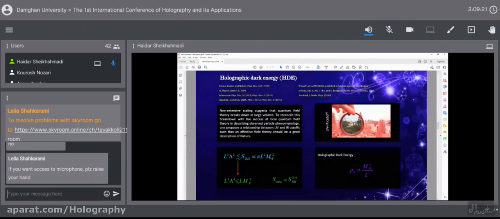But some people later, maybe one of them was Li in Physics Letters B in 2004, proposed such a relationship for the energy content of the box, or of our universe, and he showed the content based on the zero-point quantum fluctuations could be obtained as M Planck squared over L squared. And this is the starting point of holographic dark energy.